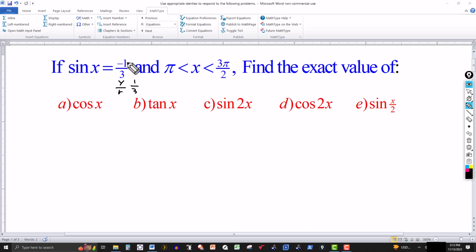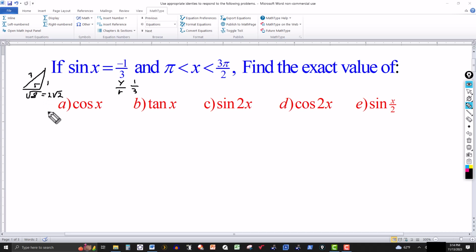So this would be y over 3, where y is the second component of a point on the terminal side. So the right triangle, let's assume that this is a right angle here. This would be opposite, and the 3 would be the hypotenuse here, and then this would be the square root of 8. Square this, square this, square this. That justifies that would be a right triangle. And then I can simplify the square root of 8 as 2 square root of 2.